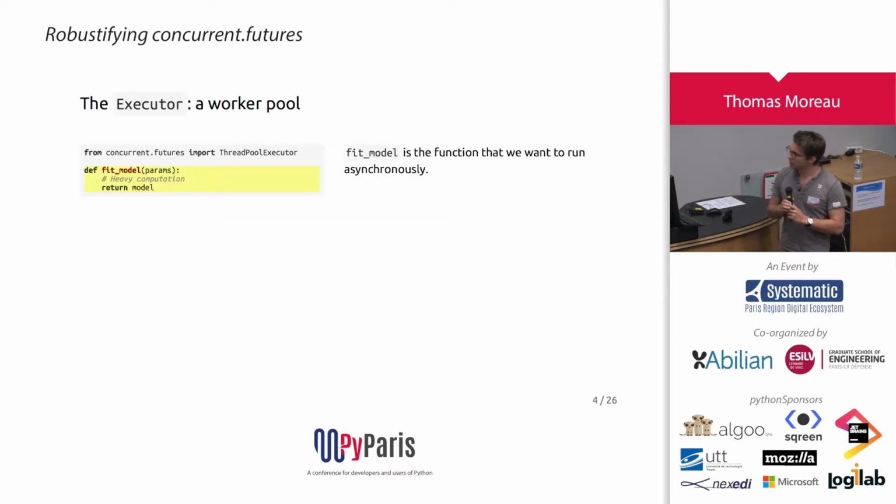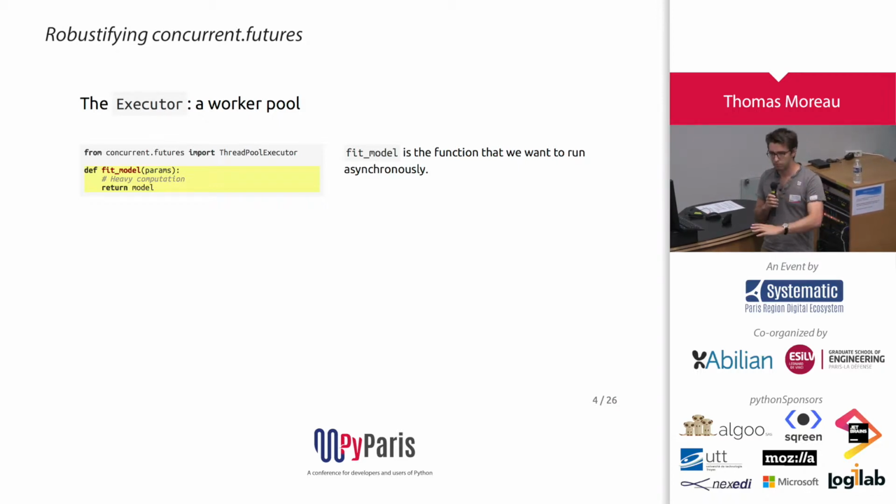So let's say that you have a function called fit_models that takes parameters as an input, runs heavy computation and returns a model. You would like to run this computation asynchronously, for multiple different parameters, and get the results.